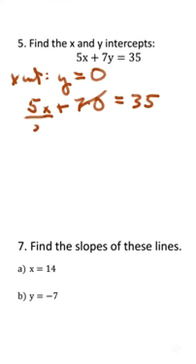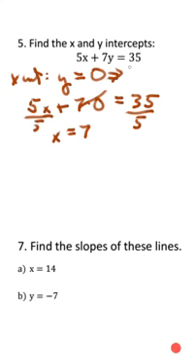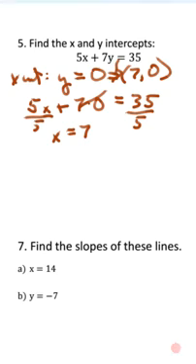We divide both sides by 5, and we get x equals 7. So our x-intercept is the point x equals 7, y equals 0. And I'm going to put that in a box.